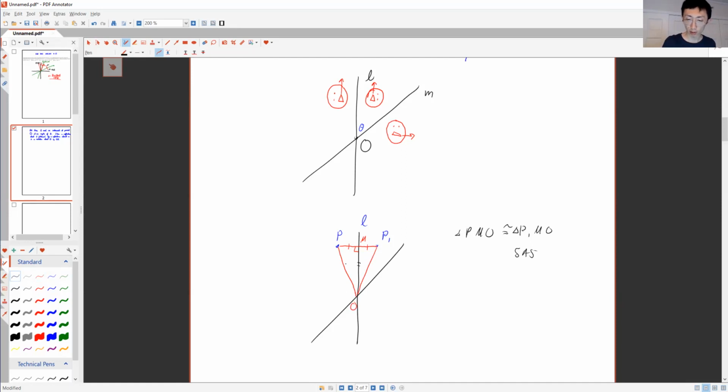They share that leg, so their hypotenuses are the same. So P is the same distance from O as P1 is from O. There's a chance maybe that's a reflection, but that turns out to be not true. And then we reflect P1 over to P2. So here's P2. That's equal to that, that's a right angle. By the same reasoning, P2 is the same distance from O as P1 is from O. So it's true that OP equals OP2 in length.